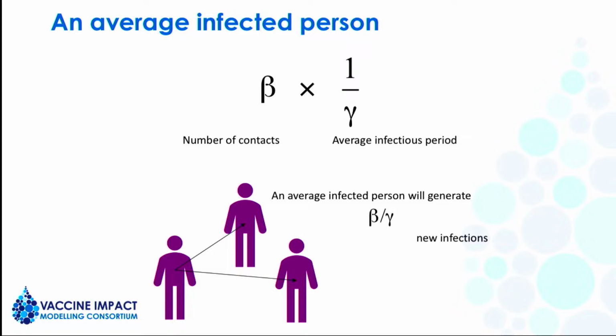So if you think about, okay, average infectious period, let's say, if I want to do maths in my head, let's say someone is on average infectious for 10 days, and the number of effective contacts per day is 0.2. So each day, their chance of having an effective transmission event is 0.2. So if we times 0.2 times 10 days, that will give us an R0 of 2.